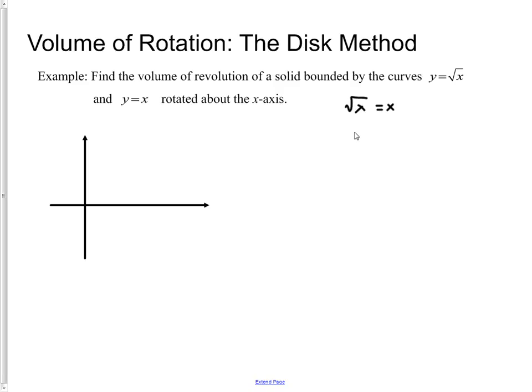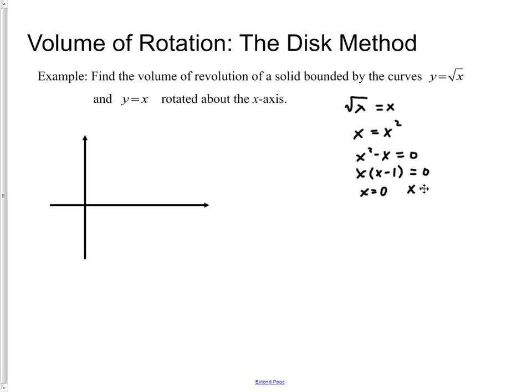Squaring both sides gives me x equals x squared. Factoring by setting it to 0, x squared minus x is equal to 0 at x equals 0 and x equals 1. So the first thing we did was find our points of intersection, and we're going to use those as our limits of integration.